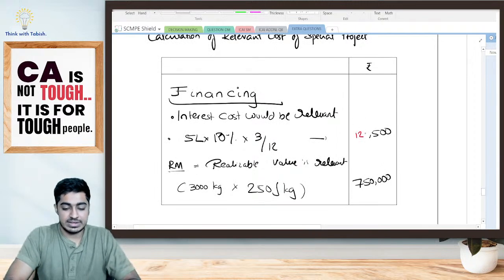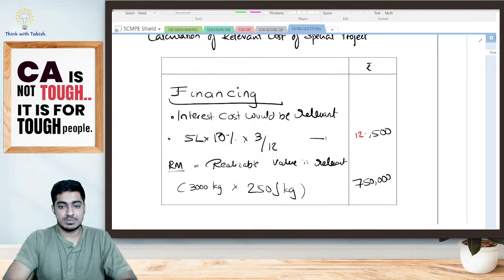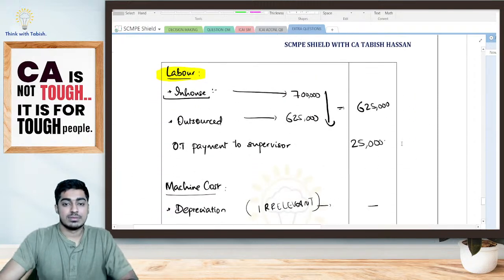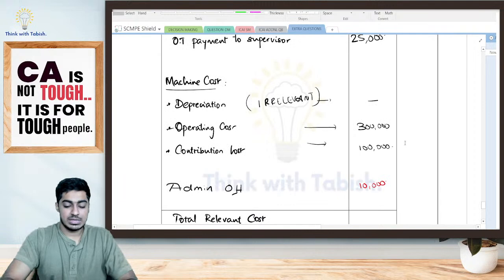So 5 lakh, 10% into 3 by 12, 12,500. 12,500 plus 7 lakh 50,000 plus 6 lakh 25,000 plus 25,000 plus 3 lakh plus 1 lakh plus 10,000.